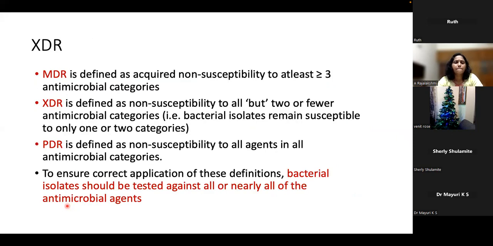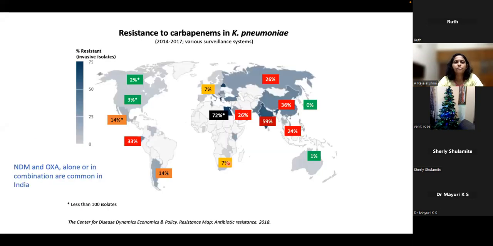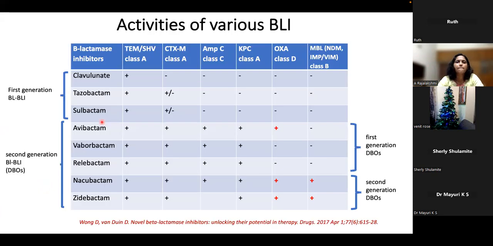These are classified as MDR, XDR, and PDR. XDR is where only two groups of drugs are susceptible, like fosfomycin or tigecycline, the rest are all resistant. PDR is where no drug is susceptible. So, as I said, NDM and OXA, alone or in combination, are common in India. KPC is commonly seen in the US.